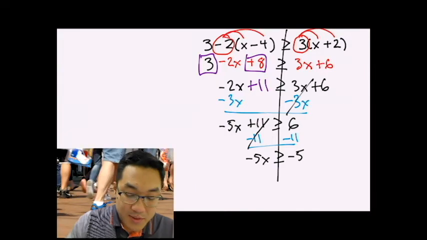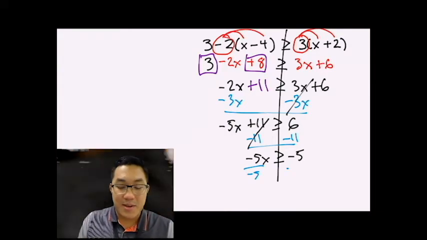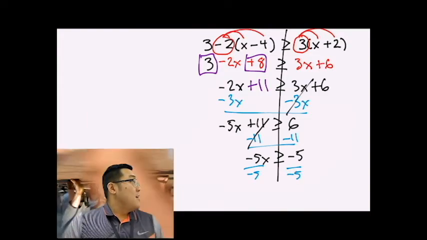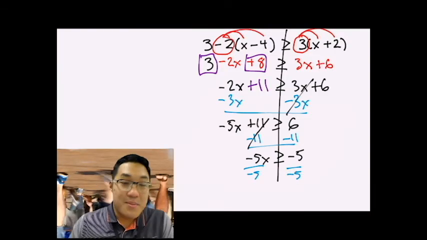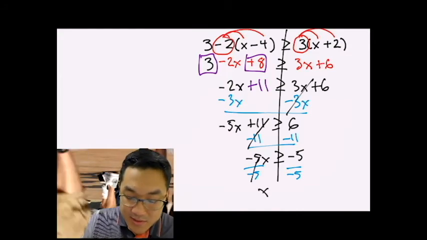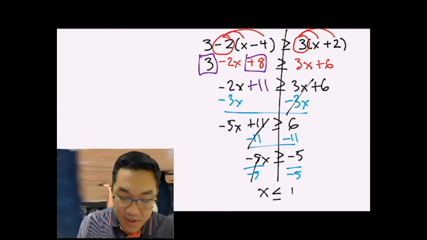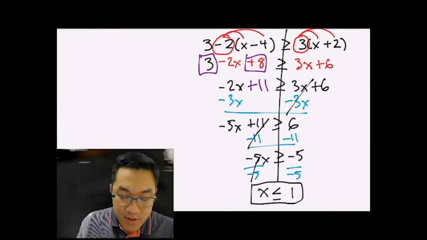That means I'm dividing by negative 5, and oh no guys, we're dividing by a negative. We have to flip the sign, so that gives us x less than or equal to negative 5 divided by negative 5, which is 1. There's our answer.